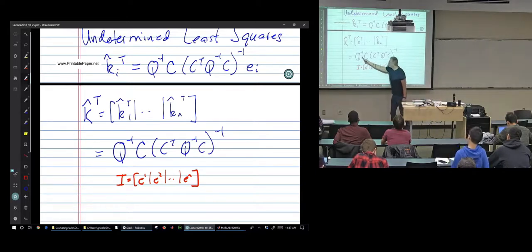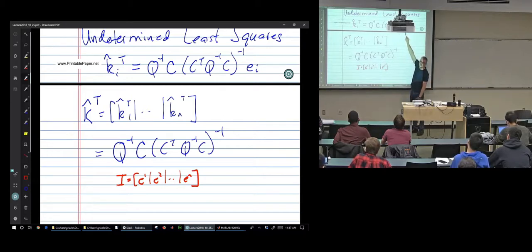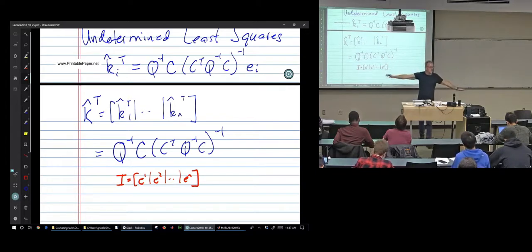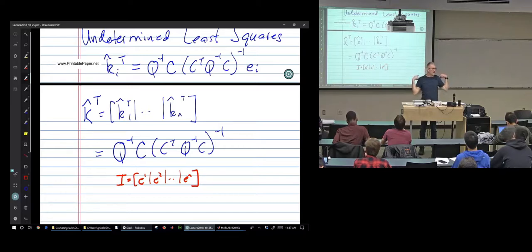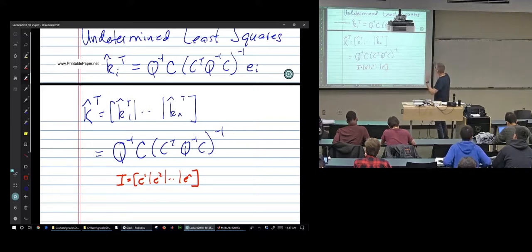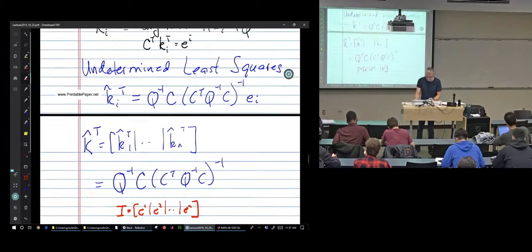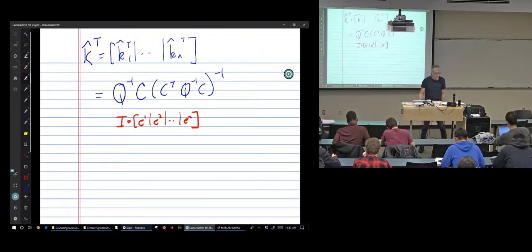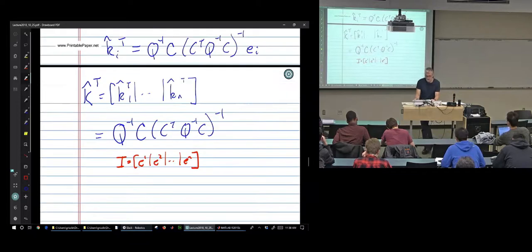This matrix times the ith column is this. Everybody agree now that that's K hat transpose? It's just partitioned matrices. So if this stuff is not working for you, you've got to practice more for the exam. It's just partitioned matrices. You can assume this would be a simple partitioned matrix problem. Okay, so that's it. So there's our formula.